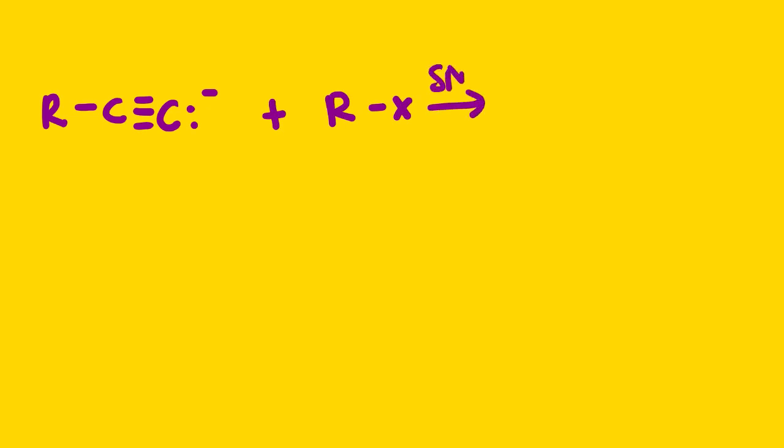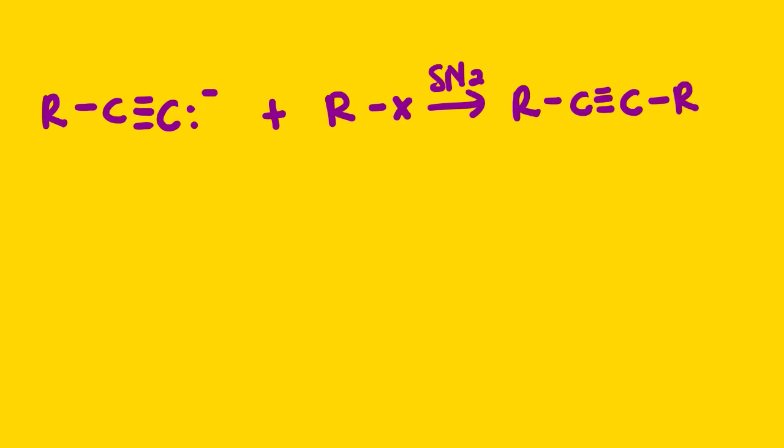Now the general equation we will be using for this lesson video is we take the alkyne ion and react it with an alkyl halide via an SN2 nucleophilic substitution reaction to form another alkyne.